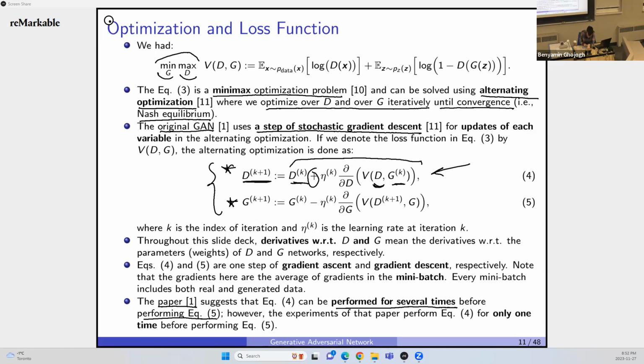Now, I use this D_{k+1} here. G is the optimization variable, and G_k is the previous G. So far clear? So they alternate. This is called alternating optimization. For more information, this is a distributed optimization algorithm. For more information, see my optimization course on YouTube. Okay.